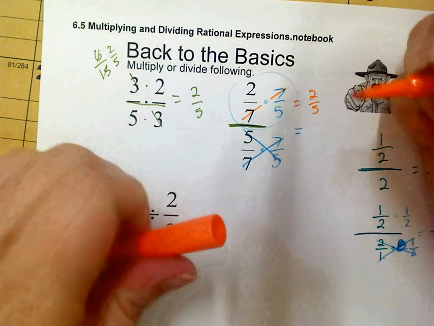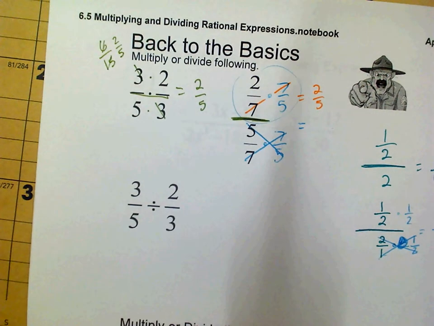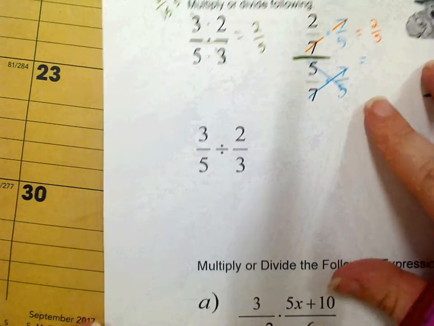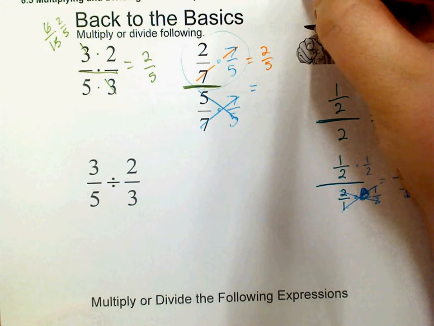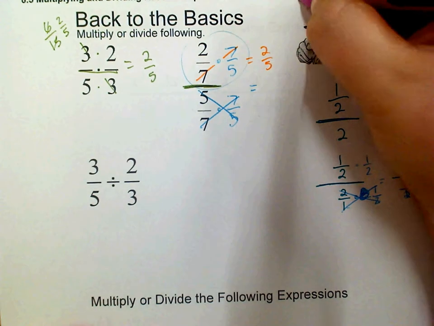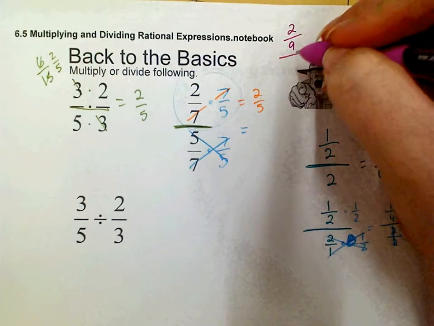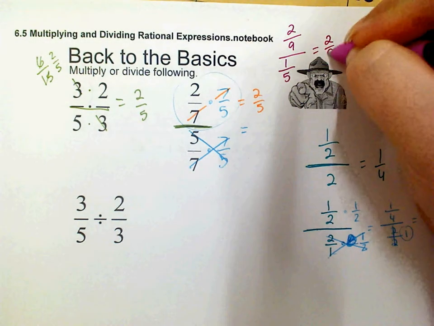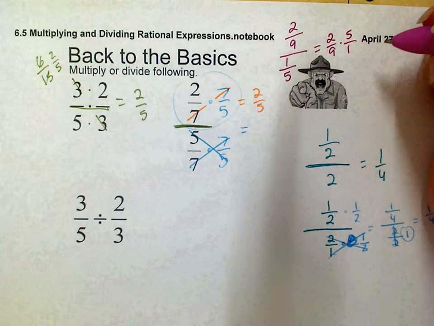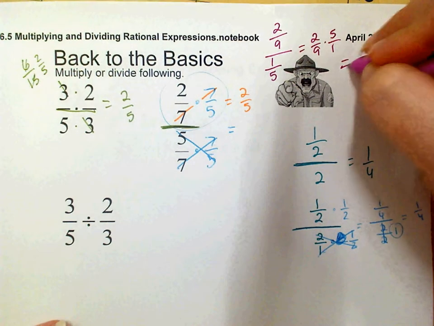So what I want to happen is that when you see something like 2/9 divided by 1/5, you automatically think, that's the same thing as 2/9 times 5 over 1. Just flip the bottom fraction. The answer is 10/9.